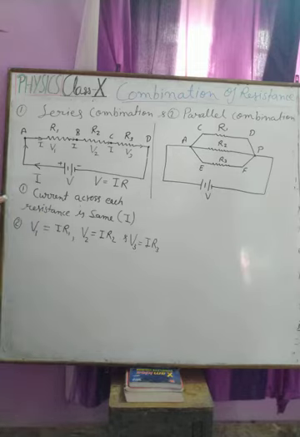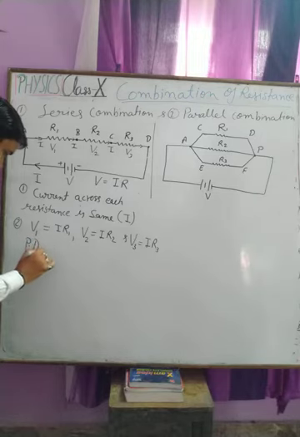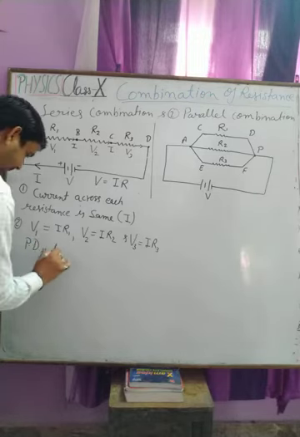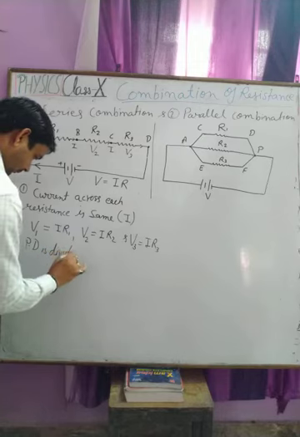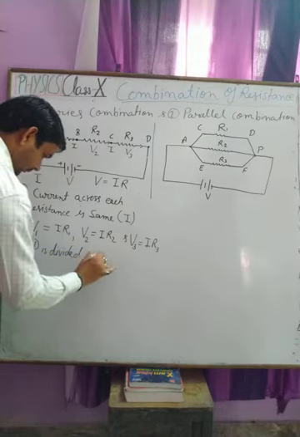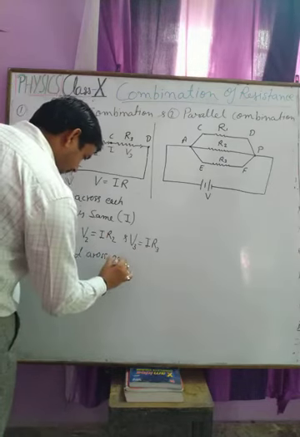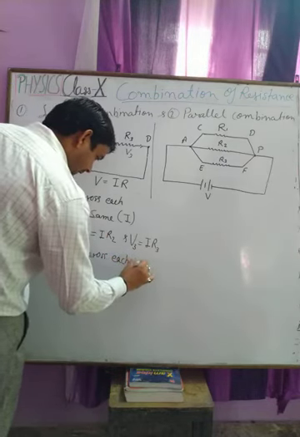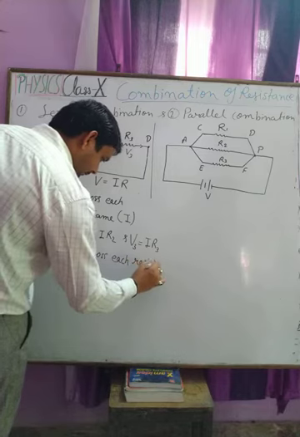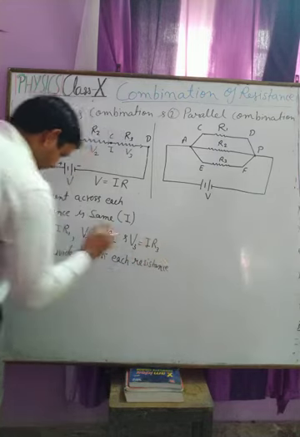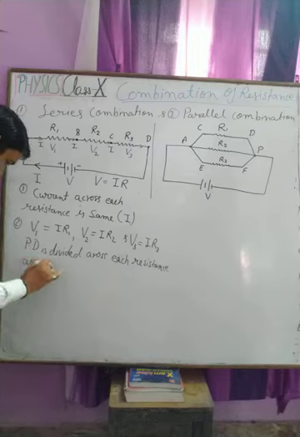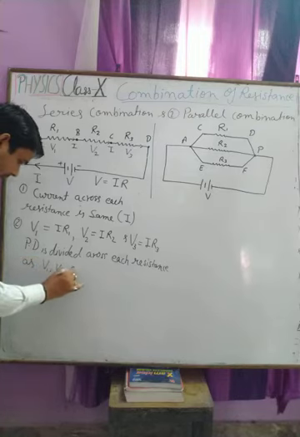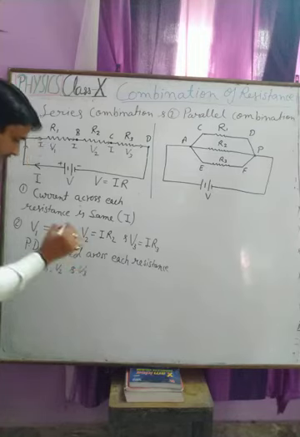So here in the second rule we find the potential difference is divided across each resistance as V1, V2 and V3.